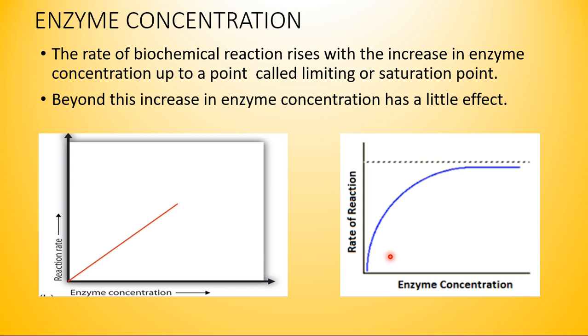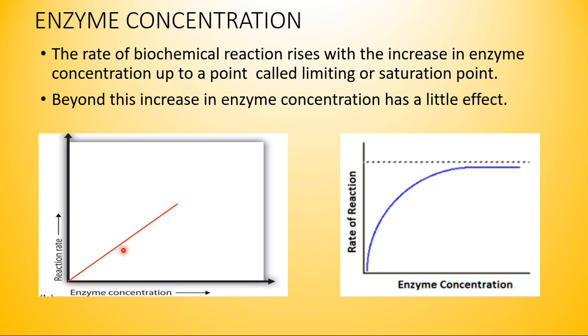Once again, I'm telling you, at a specific enzyme concentration, if substrate molecules are in a relatively larger concentration, the enzyme catalyzed reaction attains the maximum speed. Further increase in the substrate concentration does not increase the rate of reaction.